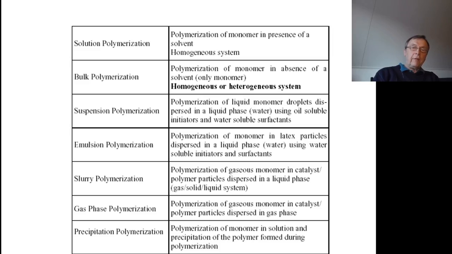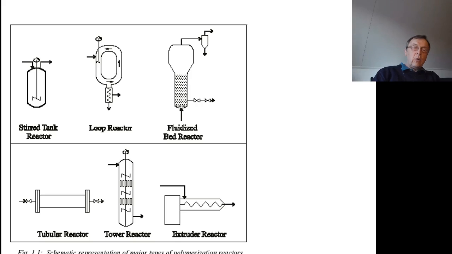So we have different concentrations of monomers and initiators if we use different methods of a polymerization reaction, but also the chosen reactor has influence on the concentration profile of monomer as well as initiator and catalyst.